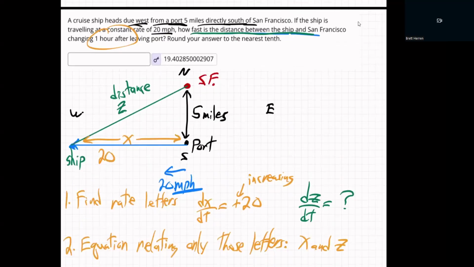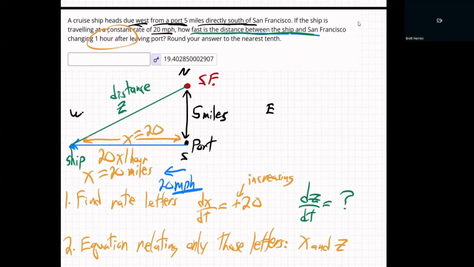So 20 miles an hour times 1 hour equals 20 miles. So x is 20 miles. It left port 1 hour ago, so it's going to go 20 miles. So x must be 20.